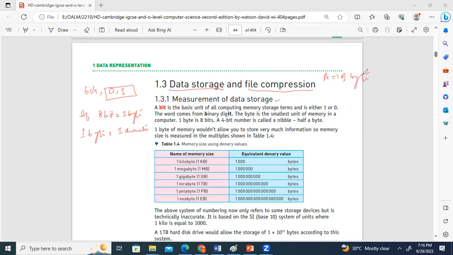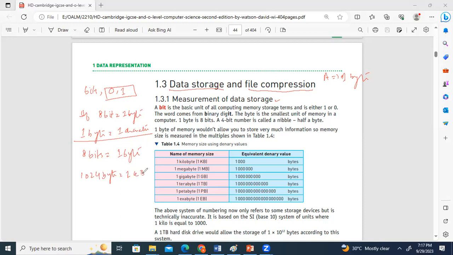We need to know how data is basically stored. First of all, we need to understand memory size, given in table form with the entry values. Remember, 8 bits are equal to 1 byte, then 1024 bytes are equal to 1 kilobyte.